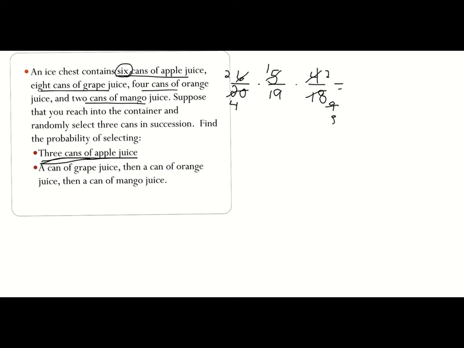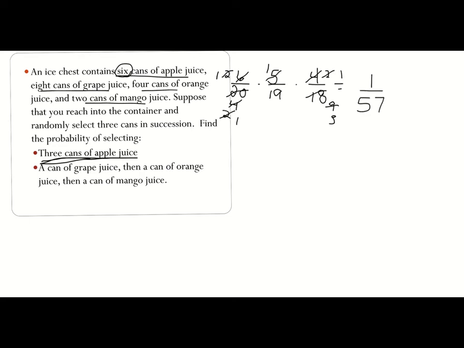So when I do my multiplication, I end up with, oh, and I could do this, 2/4. So we can make that 1/2. And then 2/2 becomes a 1. So I have 1/57 when I get done.